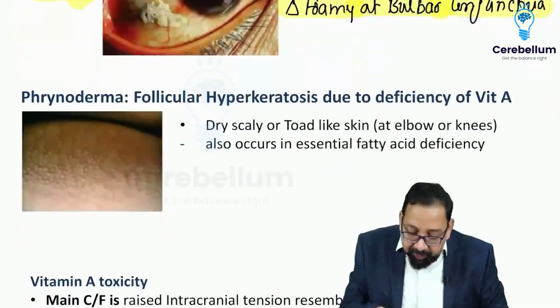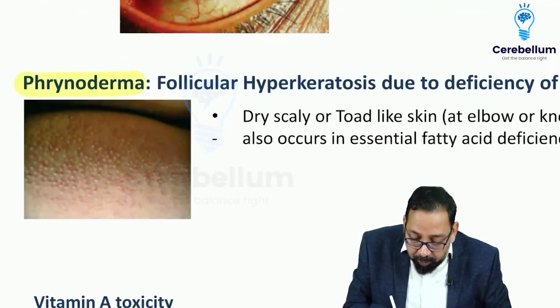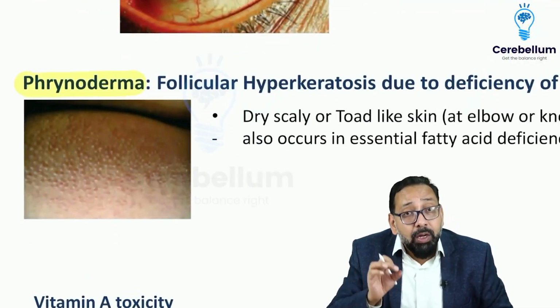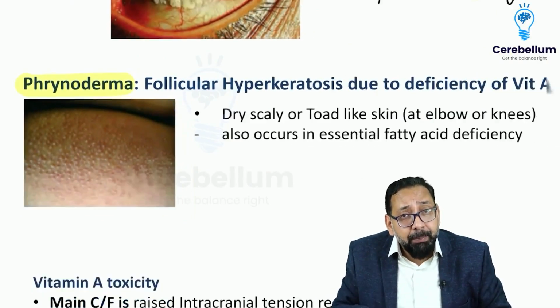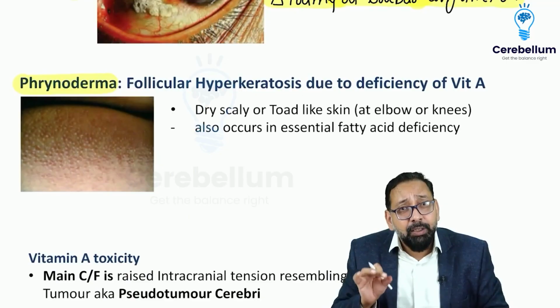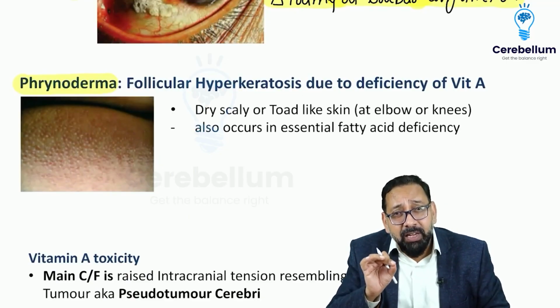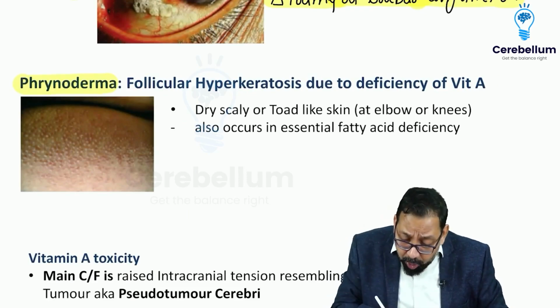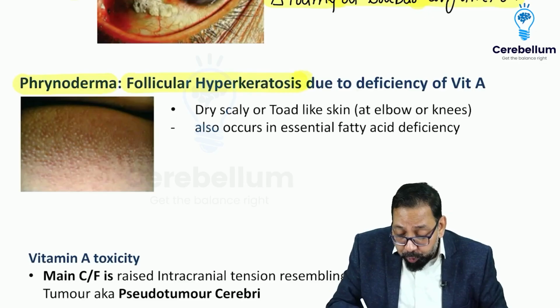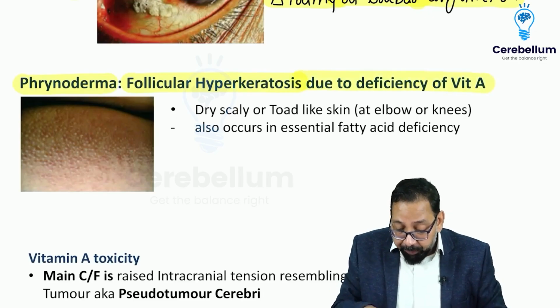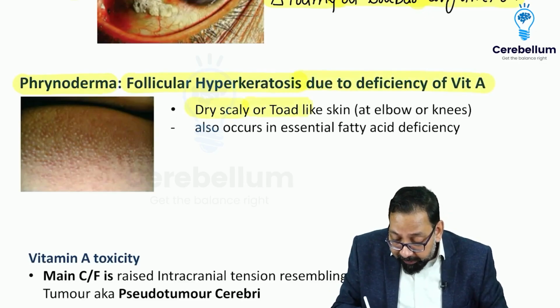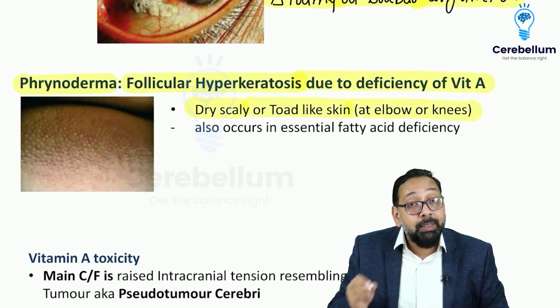Vitamin A deficiency can also lead to phrynoderma. This is follicular hyperkeratosis due to vitamin A deficiency. In this, you will find dry, scaly skin, and sometimes it is described as toad-like skin. So, follicular hyperkeratosis due to vitamin A deficiency, dry, scaly skin, toad-like skin at elbows and knees.